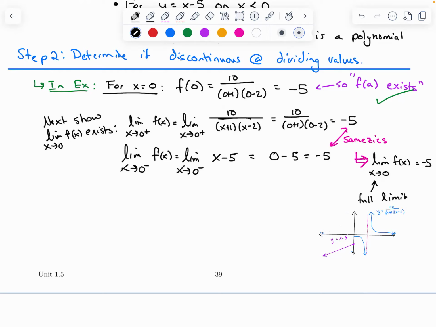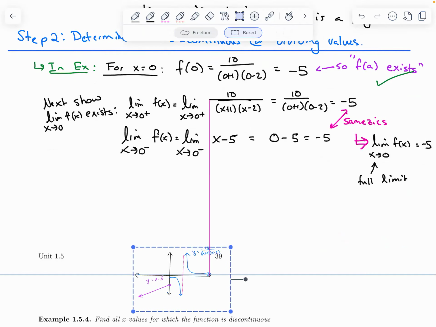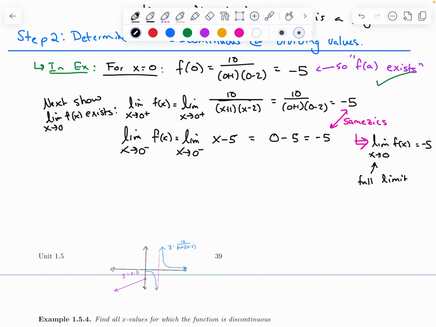So the limit exists, the function exists. So I might even add that here real quick. So, quote unquote, the limit as x approaches a of f of x exists. And we get to put another green check mark.